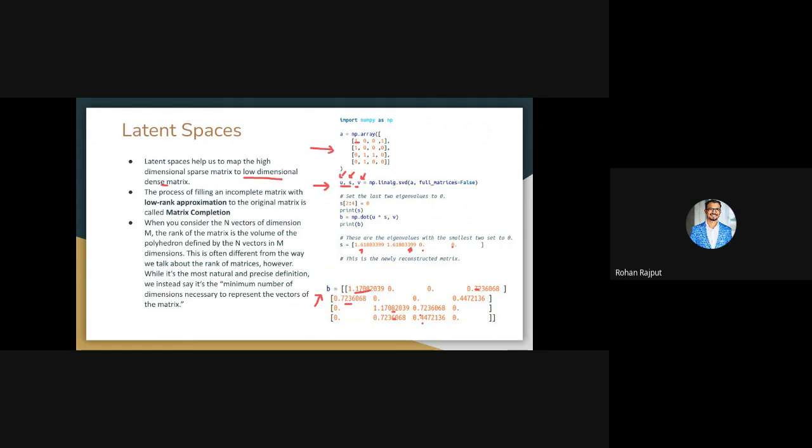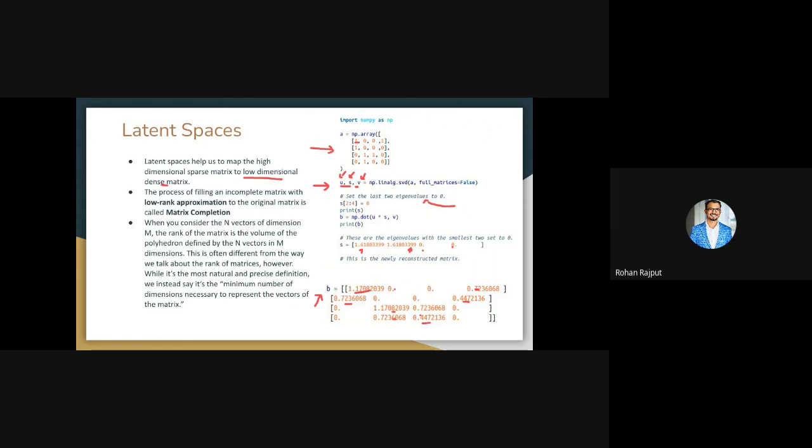Now you might ask why we did not get the full information of the original matrix. The reason is that we deliberately set these two eigenvalues to 0. We are trying to force this matrix to generate the original values even though we don't have the original eigenvalues of the original matrix.